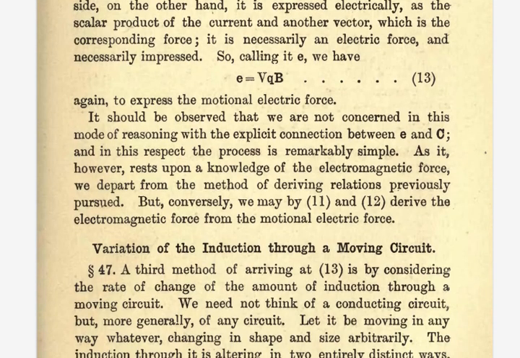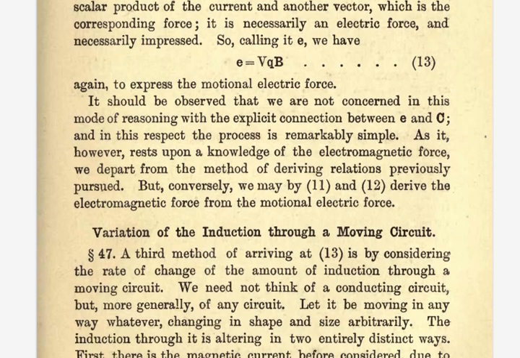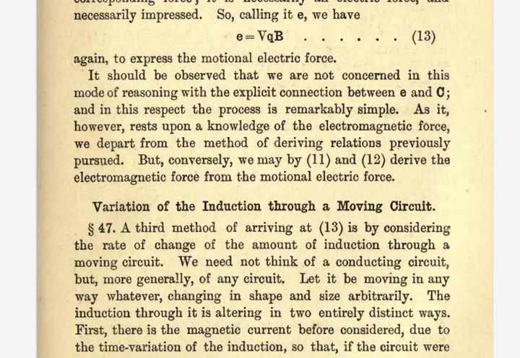Again, to express the motional electric force. It should be observed that we are not concerned in this mode of reasoning with the explicit connection between E and C, and in this respect the process is remarkably simple. As it, however, rests upon a knowledge of the electromagnetic force, we depart from the method of deriving relations previously pursued. But, conversely, we may by equations 11 and 12 derive the electromagnetic force from the motional electric force.